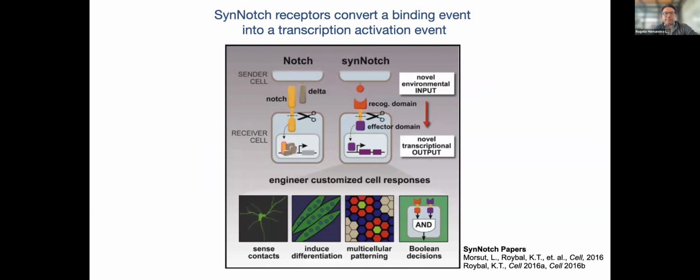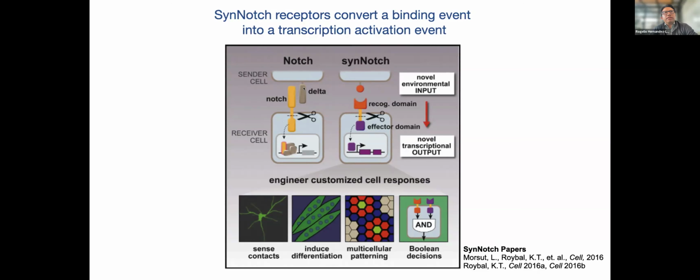So I need to tell you a little bit about the synthetic Notch receptor. Notch is a receptor that is involved in cell-cell contacts. The extracellular portion of Notch, here in yellow, binds to its ligands, one of them being Delta.